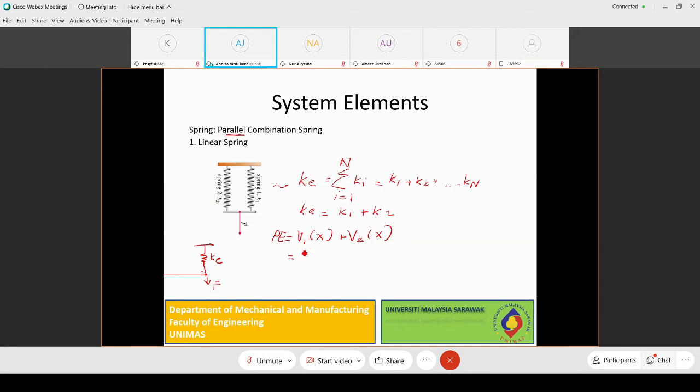For the first one we have half K1 x squared, and the second one half K2 x squared, or we can simplify to half K1 plus K2 times x squared. If you have combined it into Ke, you can simplify some more to half Ke x squared. So for the parallel combination of springs, you can do this for the potential energy of the spring itself.